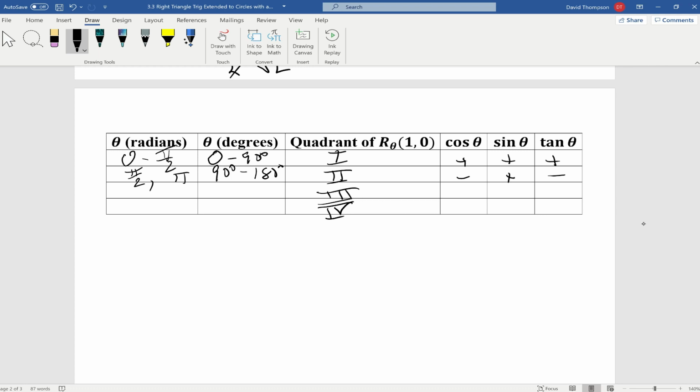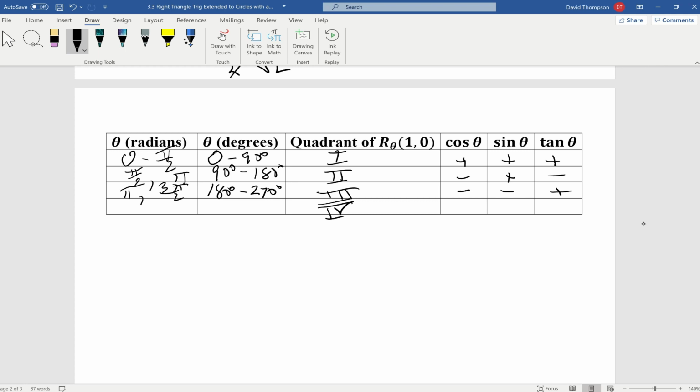In quadrant 3, we go from pi to 3 pi over 2, or 180 degrees to 270 degrees. The x's and y's are negative, so cosine and sine are both negative, but a negative divided by a negative is a positive, so the tangent has to be positive.